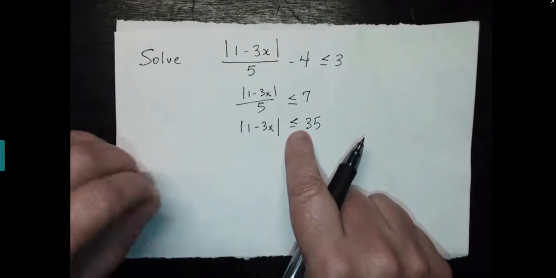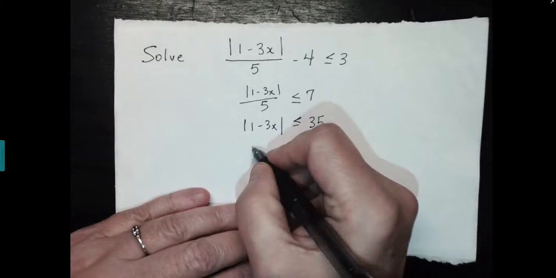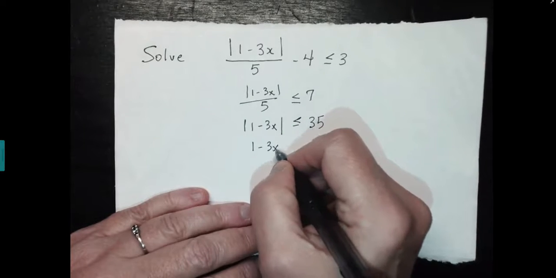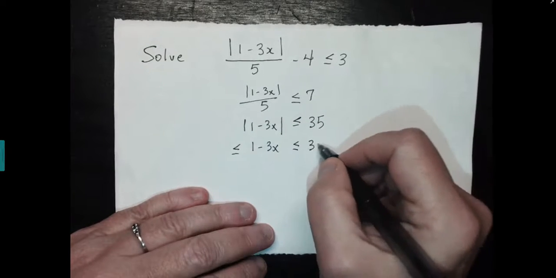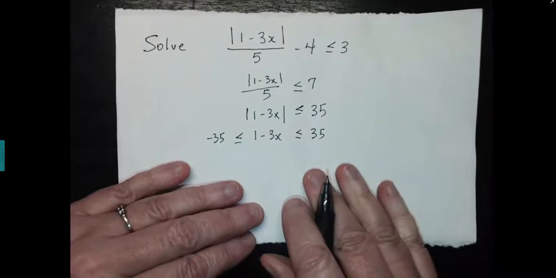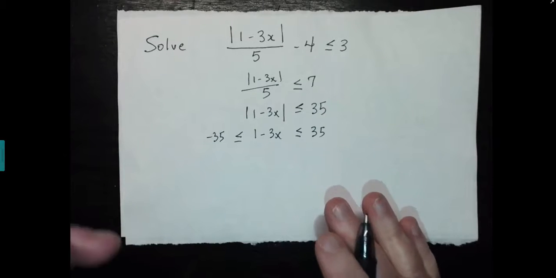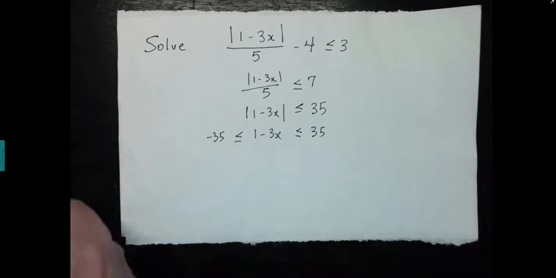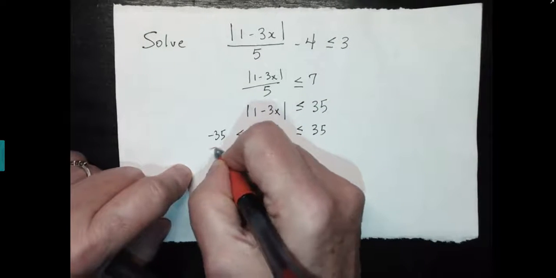Now, since the arrow is pointing to the left, the procedure to solve this is drop the absolute value symbol and encase it. And over here we'll have 35, and over there we'll have negative 35. And we want to get x by itself in the middle to solve for x in this case. All right, so to get x by itself in the middle, first thing I'm going to do is subtract 1 from every part.